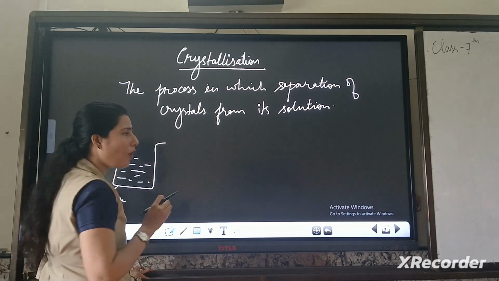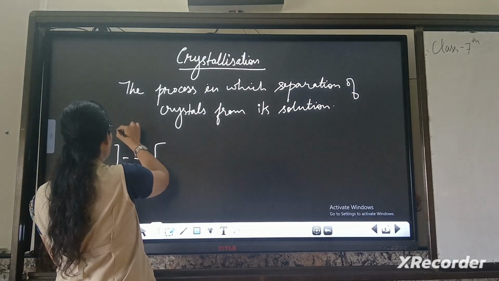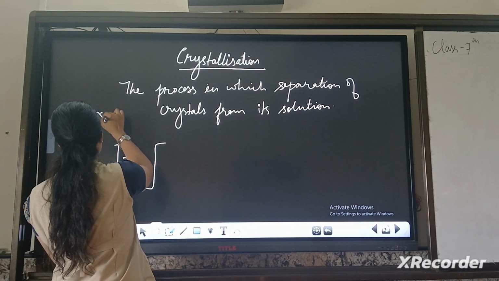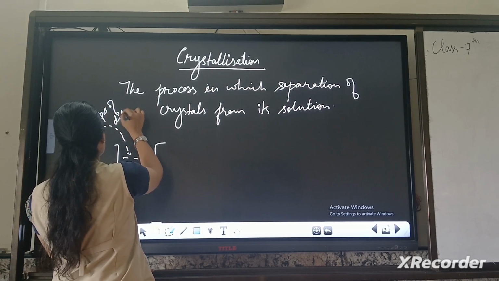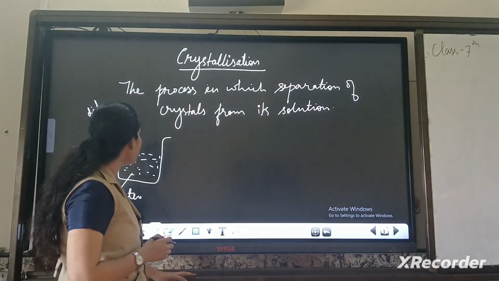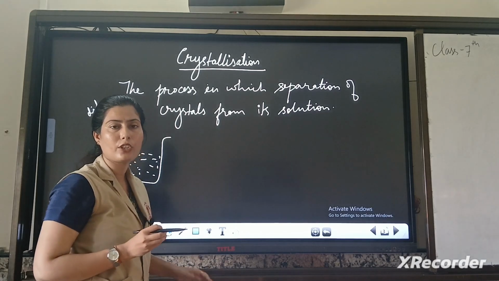Water. Now I am adding a few drops of dilute sulfuric acid, drop by drop.